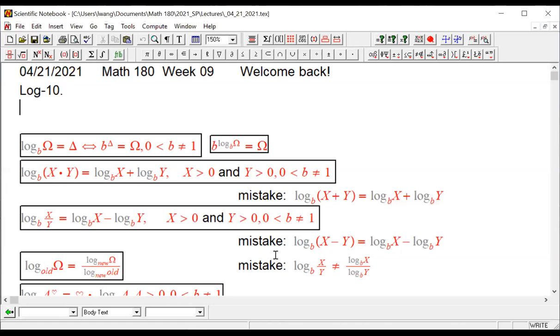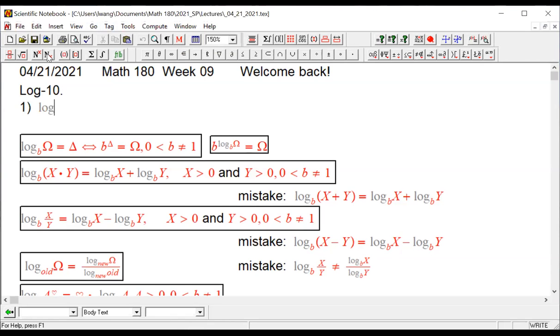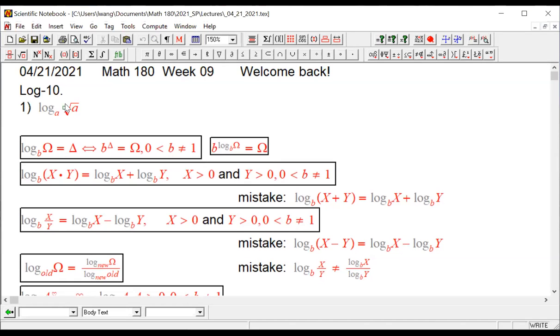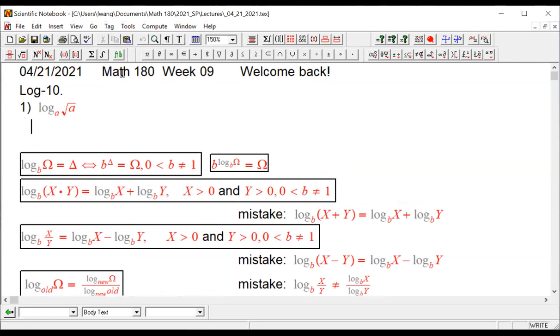Okay, let me give you some cases. For example, the first one, we start from something easy. Log base A, provided this A satisfies the requirement of a base, which is greater than 0, not equal to 1.